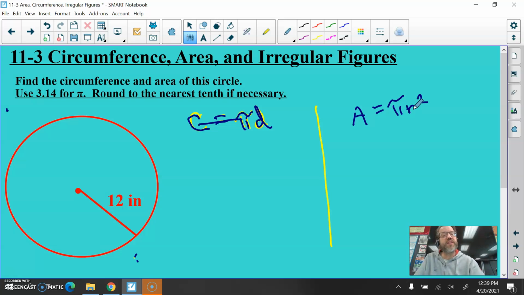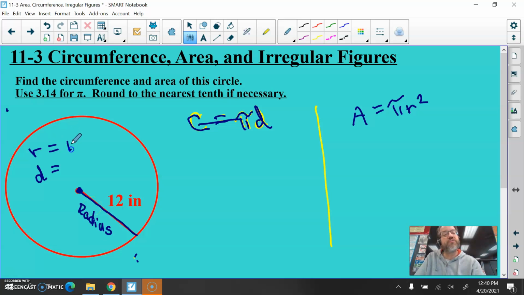So the very first thing that I would always recommend you do is write down r equals and d equals. Let's just find the radius and let's find the diameter. Looking at this example, we are given this measurement right here, connecting the center of the circle to the outside of the circle. That's your radius. Remember, the radius connects the center of the circle to the outside of the circle.